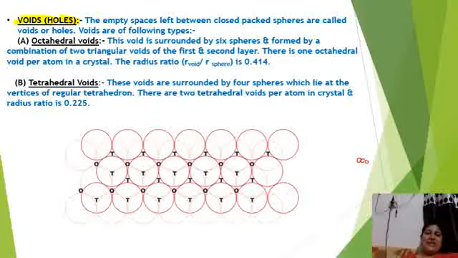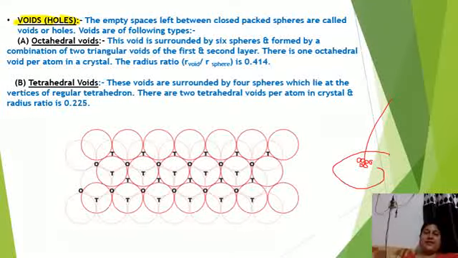The particles are very closely connected with each other. So in between these particles there is an intermolecular space present. This space is known as void.